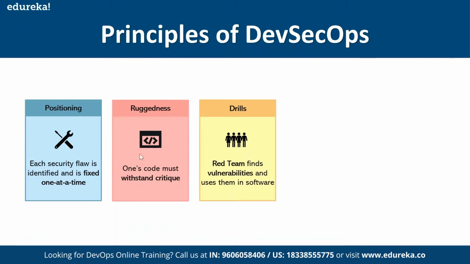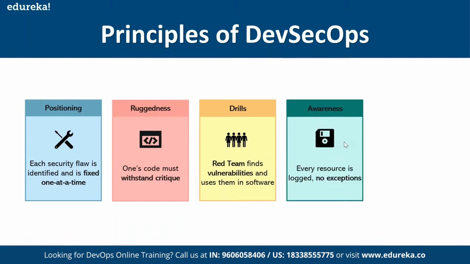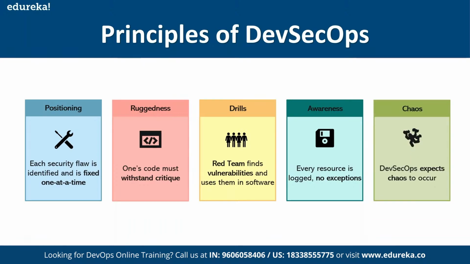All the vulnerable things should be identified on time. Drills: the red team finds vulnerabilities and uses them in the software. Awareness: each source is logged, no exceptions. Anything that has to be found should be found on time. Chaos: DevOps experts cause chaos to occur. I mean, they are always ready to fix the issues. So these are a couple of principles.